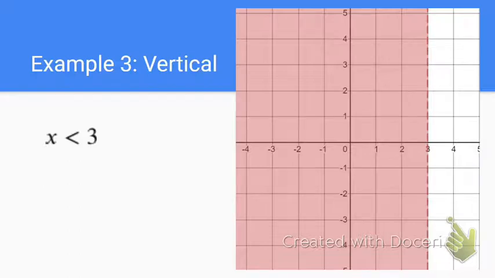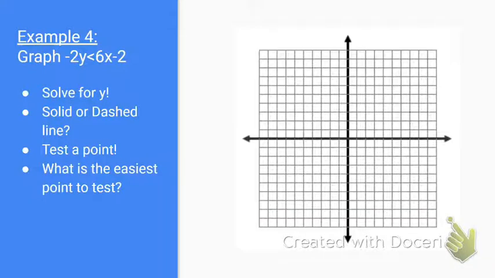In example 4, is this in y equals mx plus b form? No, it's not. We need to divide everything by negative 2. Now, remember when you solve inequalities, when I divide an inequality with a negative, what do we do to the inequality sign?